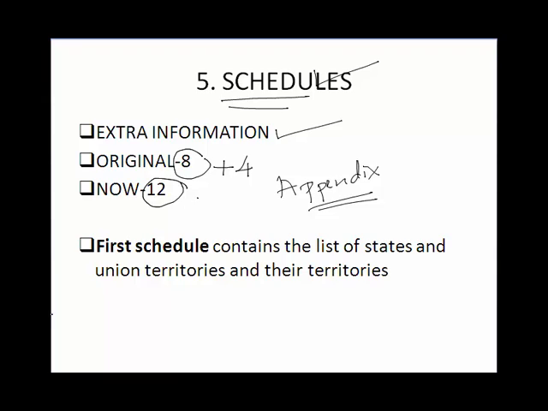So what does the first schedule actually contain? The first schedule contains the list of states and union territories. We cannot include all the names of states and territories into the articles.